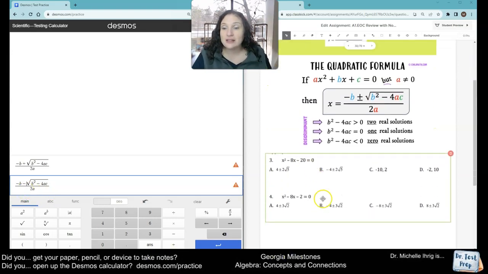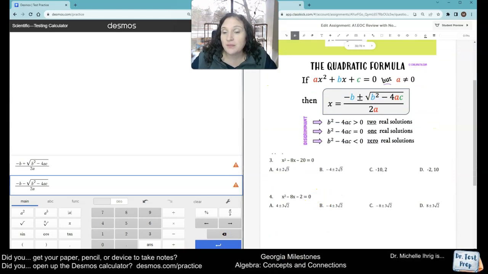So if we look at this example here, now here we have 1, -8, and -20. Now, to do this for real, you would say x equals the opposite of b plus or minus radical b squared, so it'd be -8 squared, minus 4 times a times c.